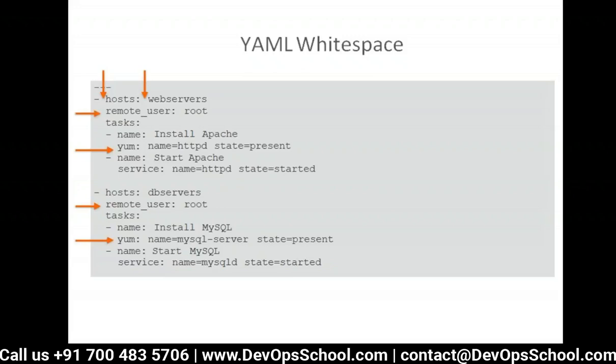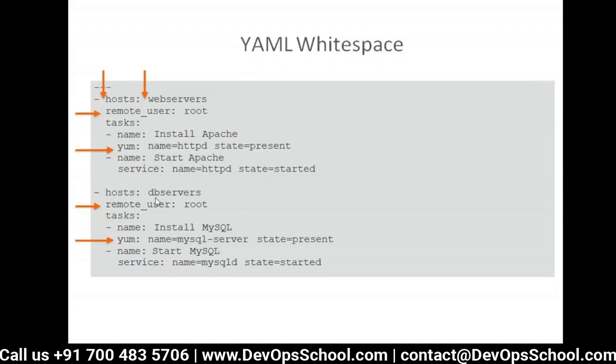And you see tasks, and one of the tasks is named install Apache, start Apache. Name is not important, but still we are giving it. Why? I will show you the importance of name in the handler part. So here yum is a module name, and name is a parameter, state is a parameter. Service is a module name, name is a parameter, and state is a parameter.